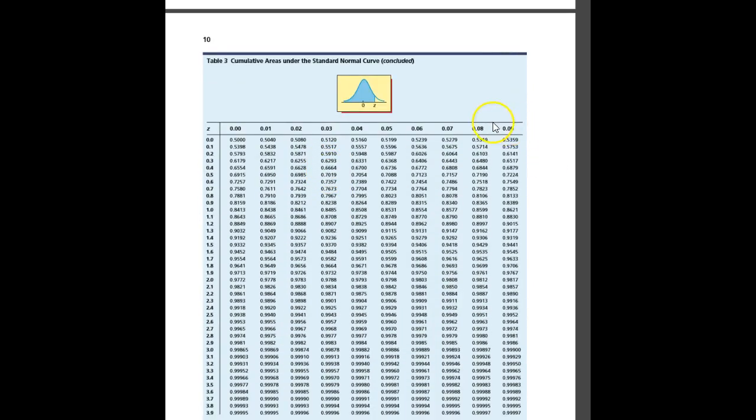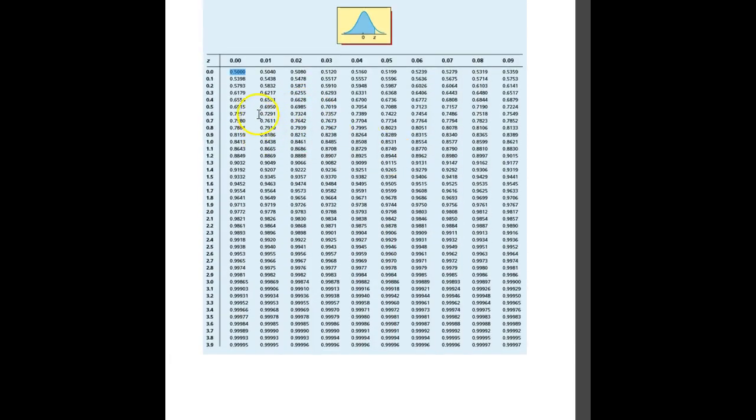Okay, so all of these numbers, as you would expect, are going to be over 50% because we're at least going to have the left-hand side of the curve there. At a z-score equal to 0, it's 50%. As we get further and further away from the mean to the right, we're encompassing a larger amount of area, so as z moves to the right, we get a bigger area under the curve, and the numbers get bigger and closer to 1, because the total area under the curve is 1, since it's a probability distribution function.